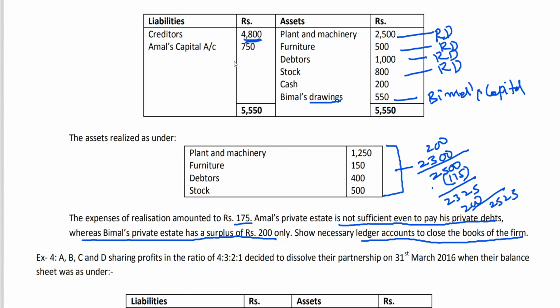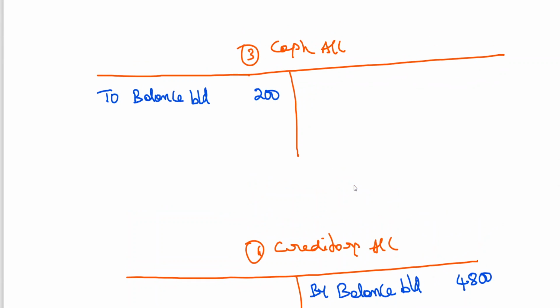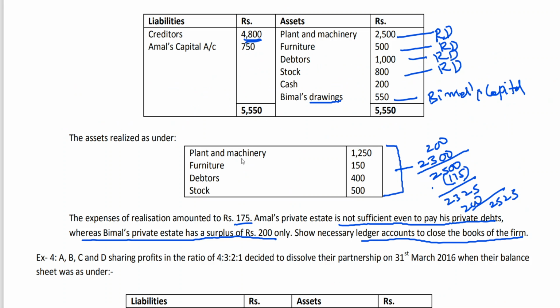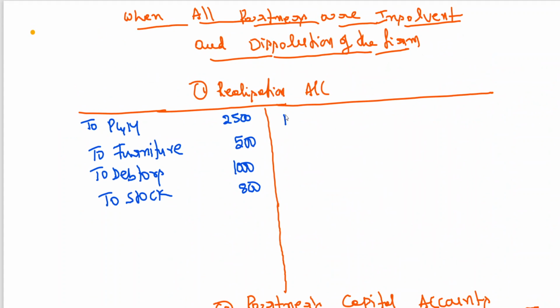Then Amal's capital account 750, trade balance. Then next, the assets realized. We got plant and machinery. Here I am writing on the realization account credit side.